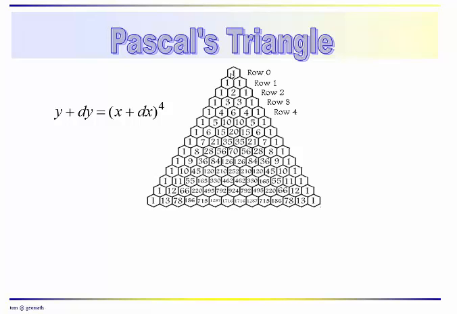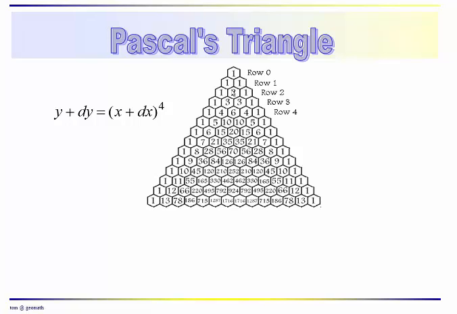If we look at Pascal's triangle, we've got ones down along the sides of the triangle, and then some unusual looking numbers filling up the interior. Notice that at the apex we have 1. The first row is 1 and 1. The second row is 1, 2, 1. This 2 comes from the addition of these two numbers.